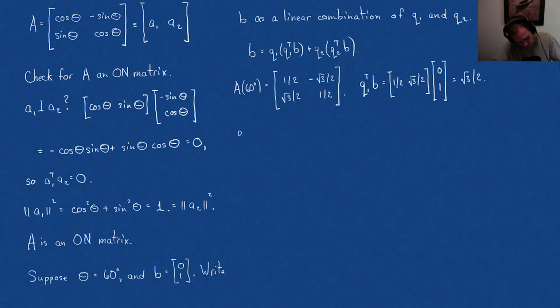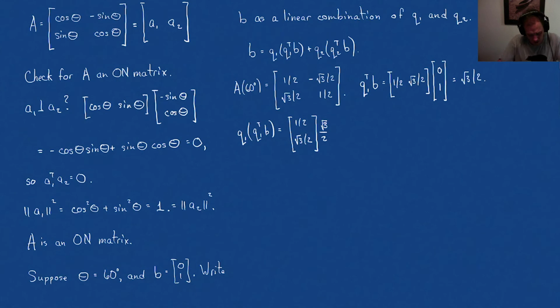So then I can say that Q1 times Q1 transposed B is equal to the vector 1/2, square root of 3 over 2, times the scalar of the square root of 3 over 2. We could factor out a 2 if we wanted to, but we'll just leave it that way.